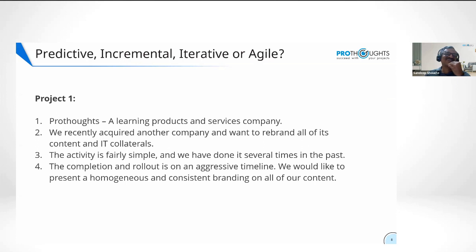Any thoughts? Would you like to use a predictive approach, incremental, iterative, or agile for this?